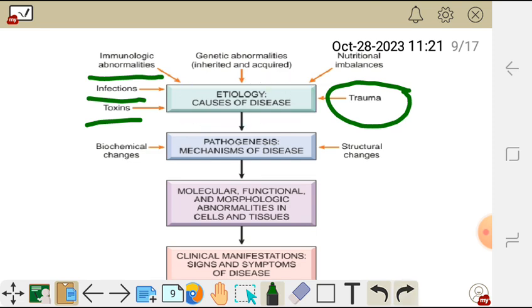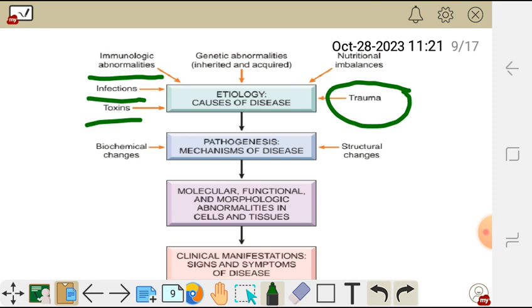All those are going to lead to what we call etiology. And from etiology, we progress to pathogenesis, which involves the mechanism of a disease. What happens after that cause has been introduced in the body? What mechanisms take place is what we call pathogenesis. Then these mechanisms are going to cause changes in the tissues and cells.